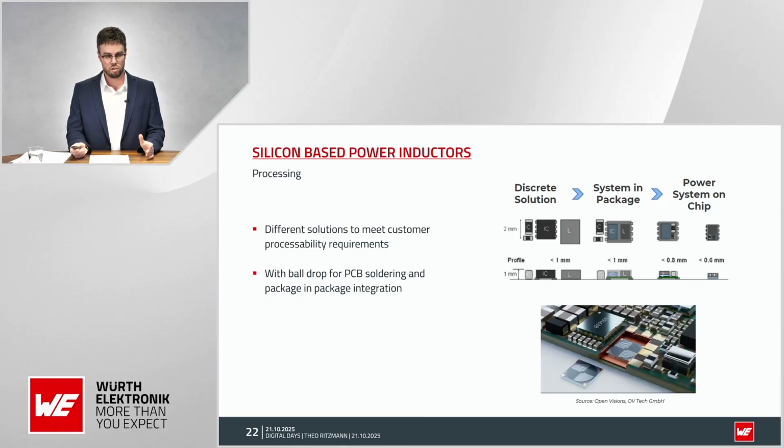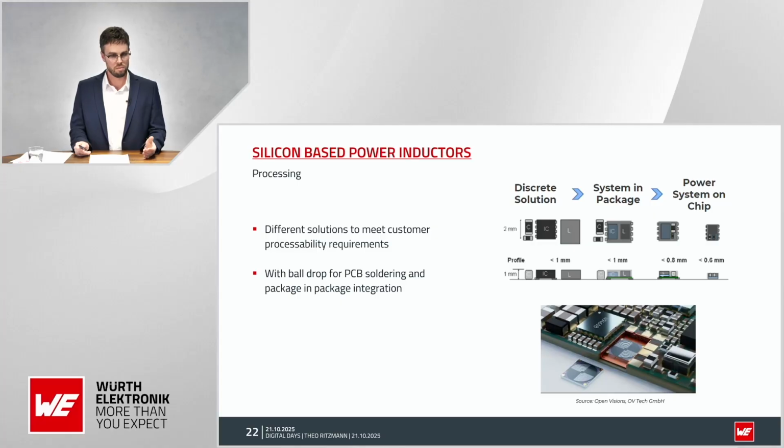Another option for silicon-based products is, for example, that they can be ordered on wafer level with solder balls. This means package-in-package integration is possible at the customer side. This would be very beneficial for customers in building prototypes quickly, and it's good for easy PCB assembly.